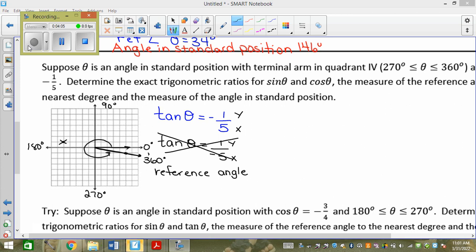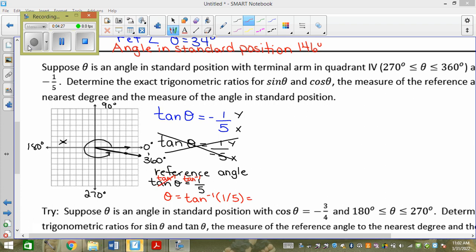We are going to do tan theta, we'll do first, equals 1/5. I don't care that it's negative, I don't use negative. And then I go tan neg 1, and I get theta equals tan neg 1 of 1/5. So when I do the reference angle, I always do of the positive.